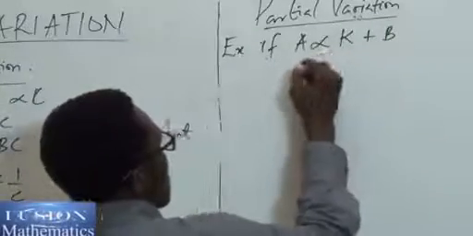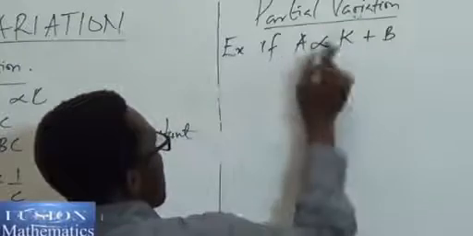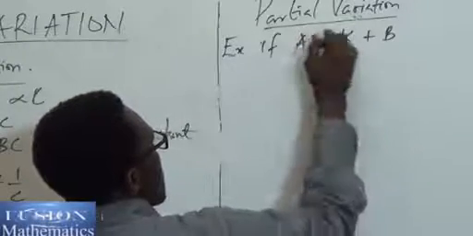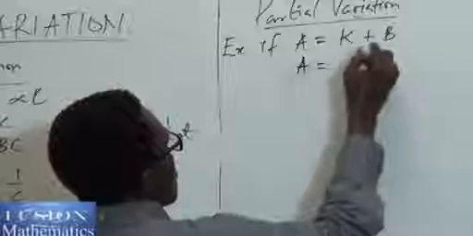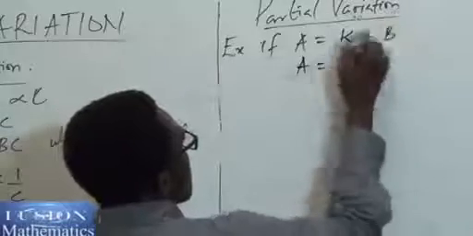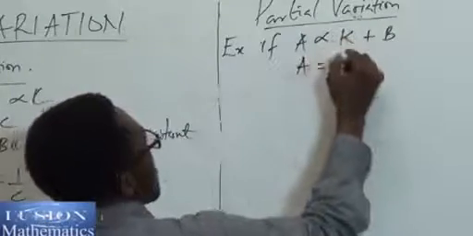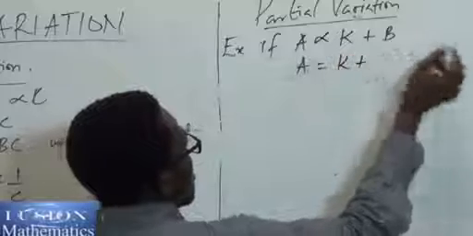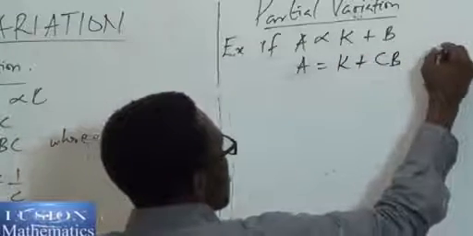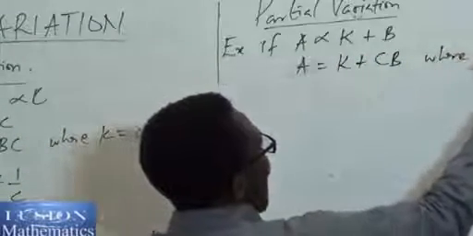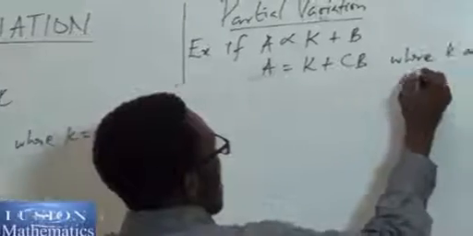So this will be A equals K plus CB, where K and C are constants.